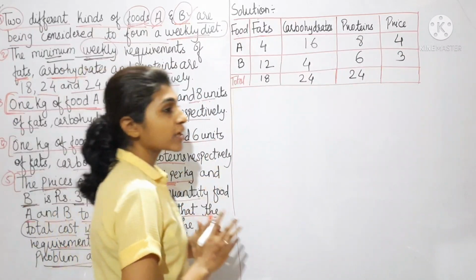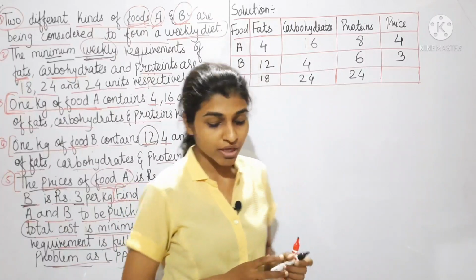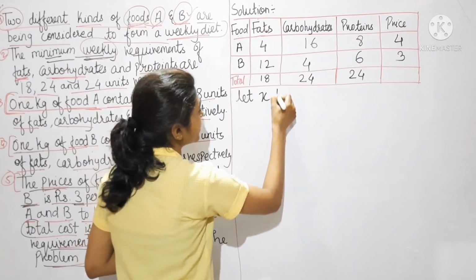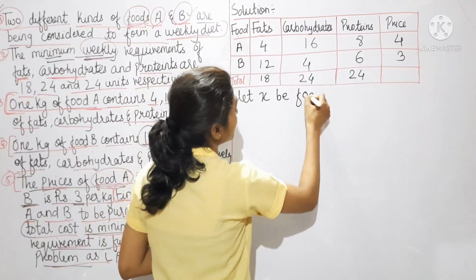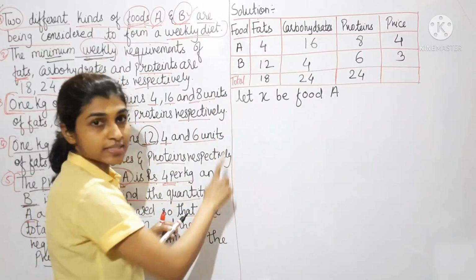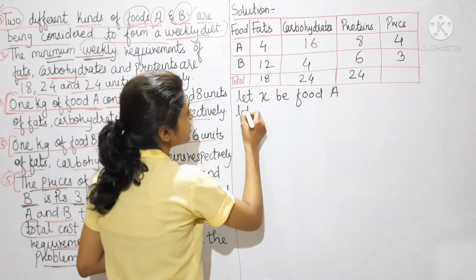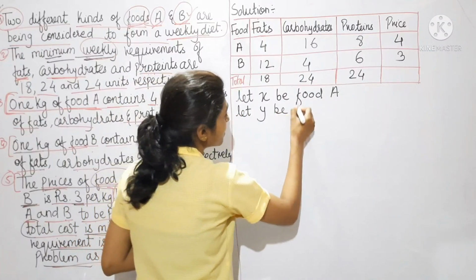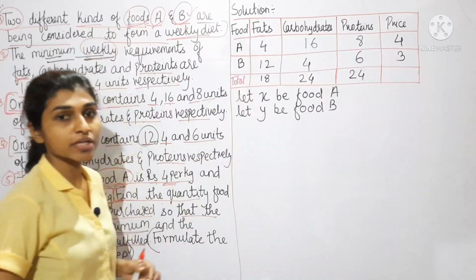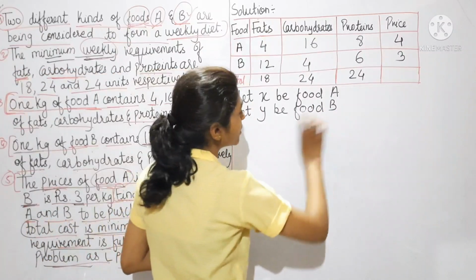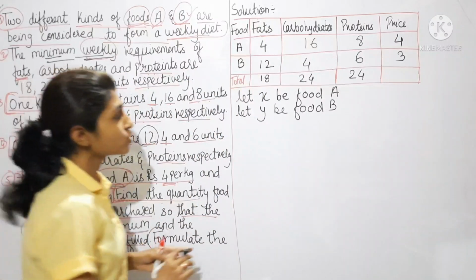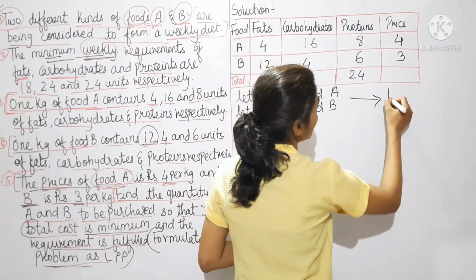Now, the decision variables are X and Y. Let X be food A. Let Y be food B. So X is food A, Y is food B. This is our decision variable.